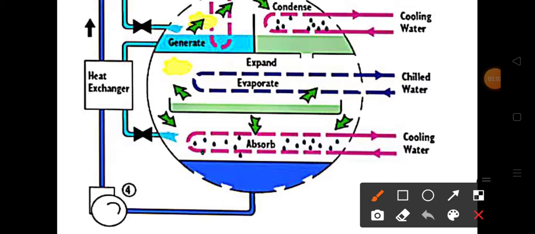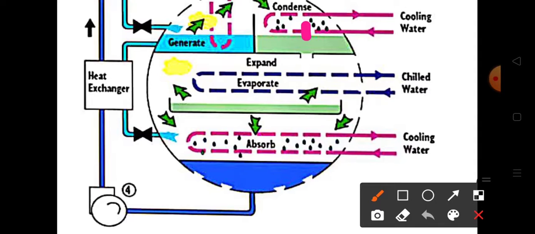In the lithium bromide cycle, water is used as a refrigerant and a lithium bromide solution is used as an absorber. Here cooling water is passed through the absorber to reduce the temperature.